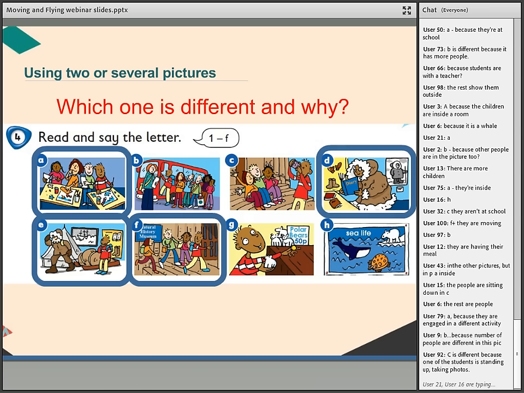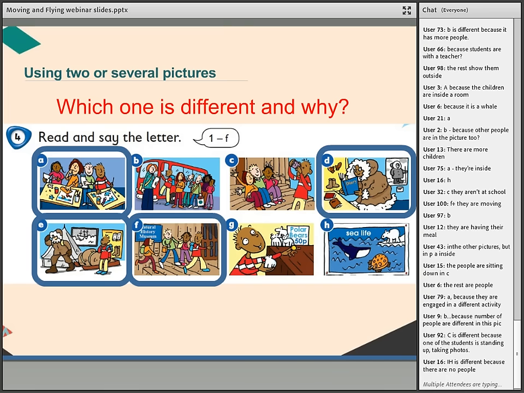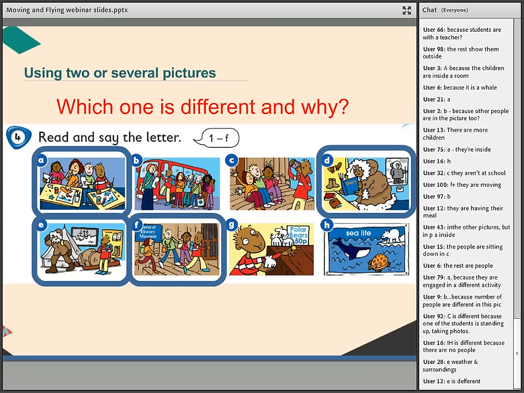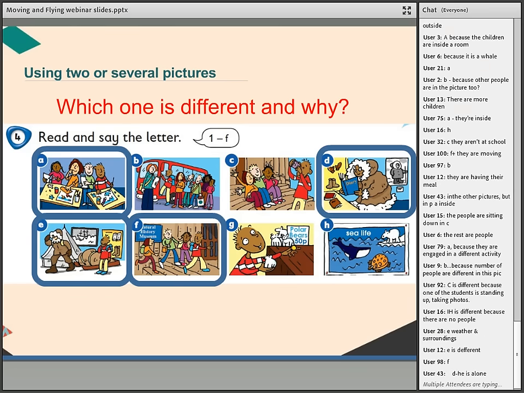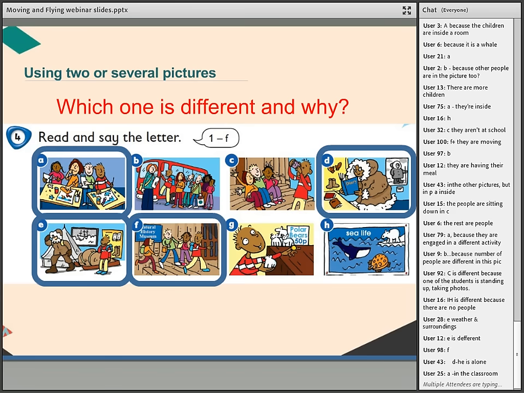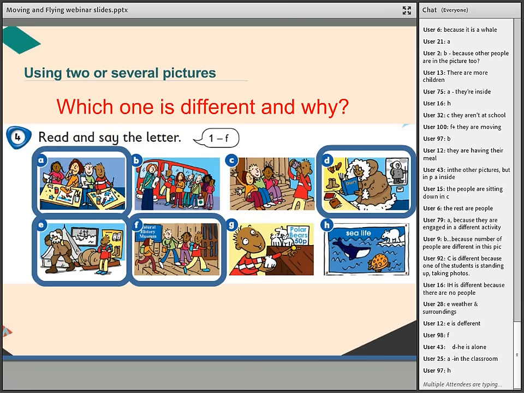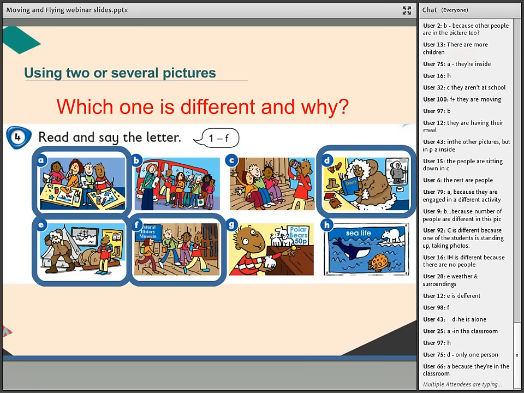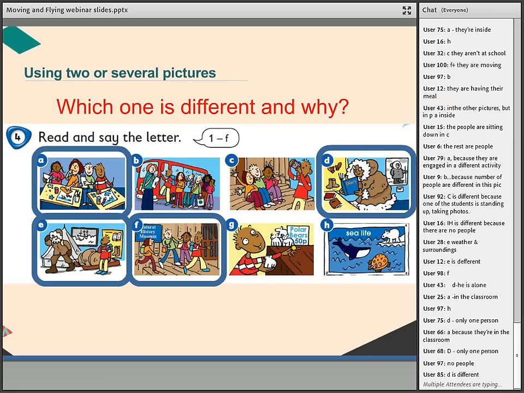What about these pictures? Which one is different and why? Pictures A, D, E, and F. Okay, again, there's no wrong or right answer as long as you can justify yourself.